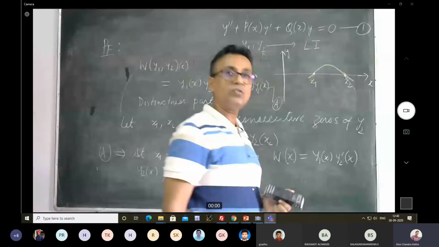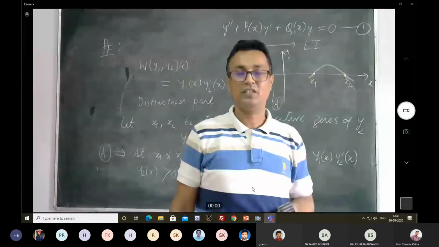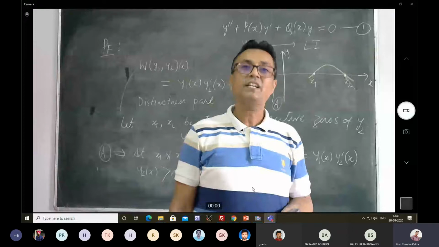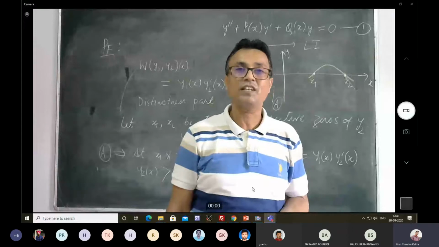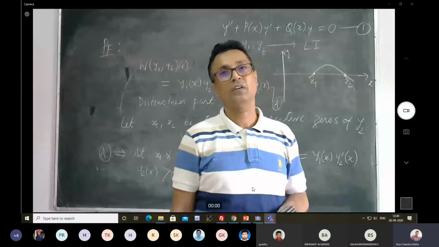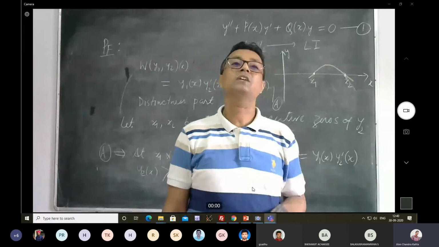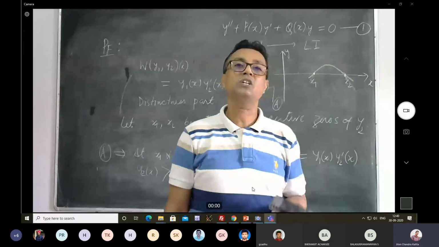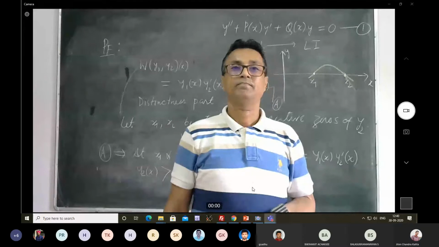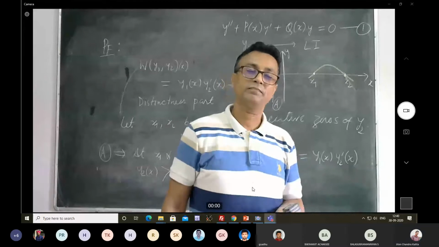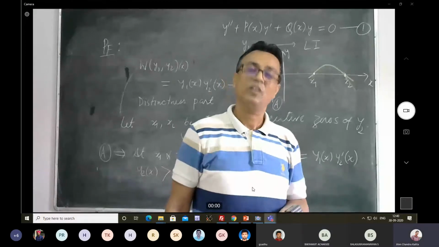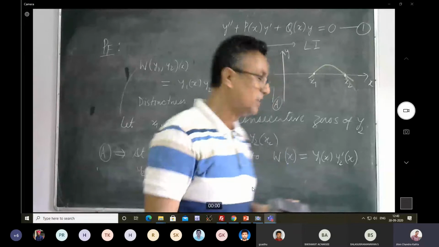Otherwise, I cannot get a situation like this. Only then is the function going to cross the x-axis at those two points, assuming that in the open interval (x1, x2) the function is always positive. You got my point?